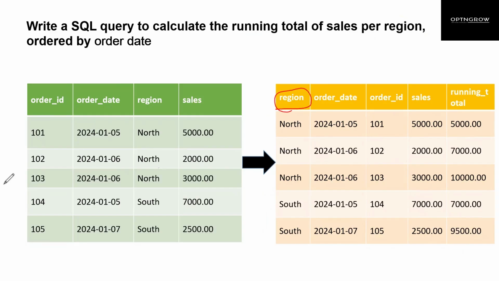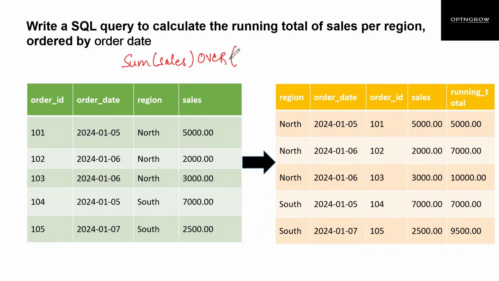Now, how are we going to write our SQL query to calculate running total? We are going to make use of a window function, and here we are simply doing the sum of sales. Then we have to define the window. This part is very important.